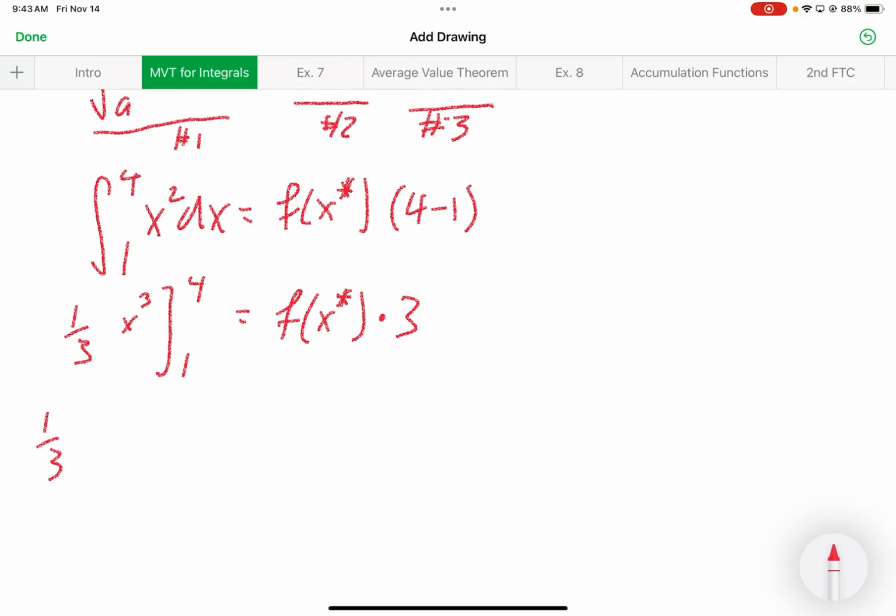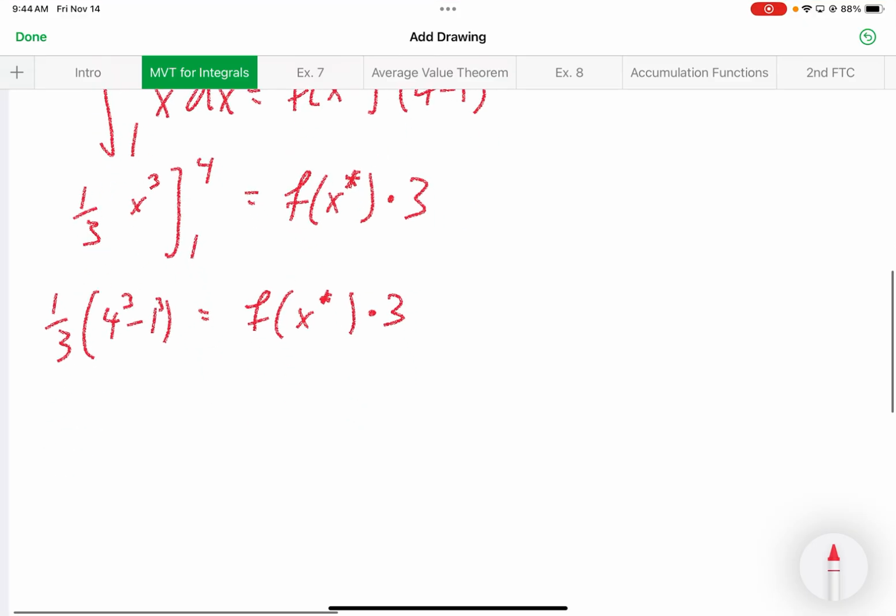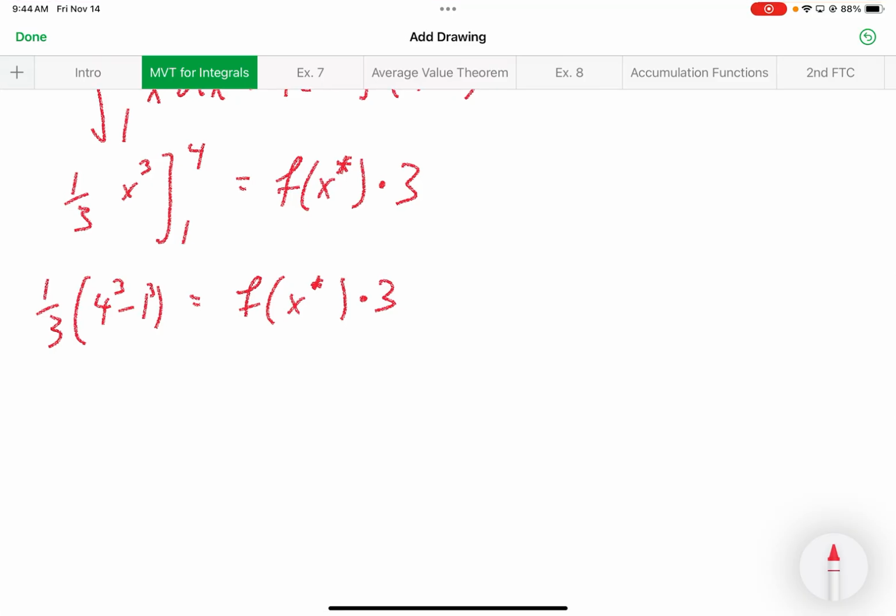So we evaluate 1/3 times 4 cubed minus 1 cubed. 4 cubed, what is that? 4 times 4 times 4, so we get 64. Then 64 minus 1 is going to give me 63.